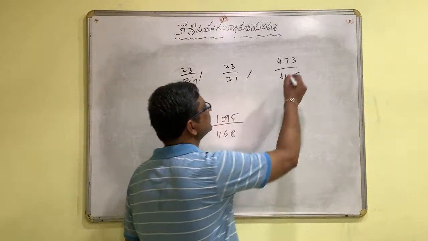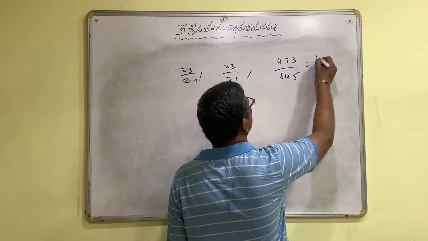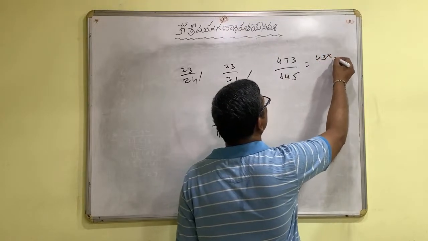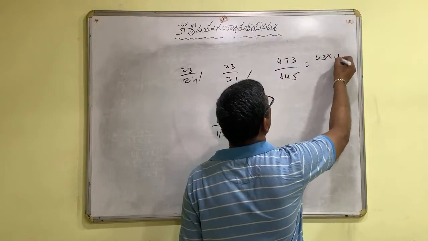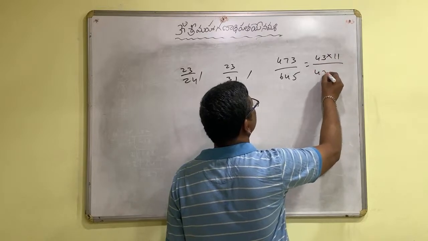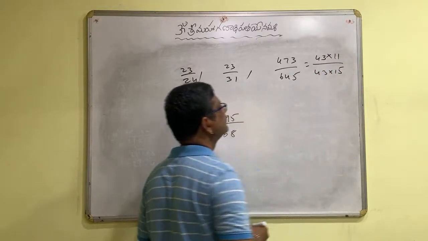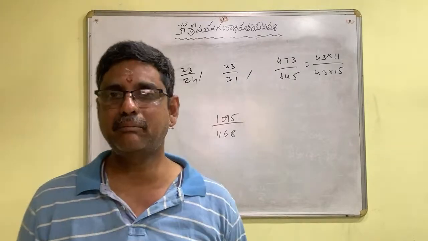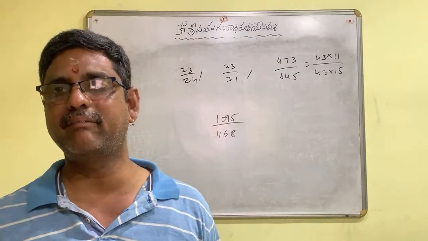I think this is 43 into 11, and this one 43 into 15. Except 15, 43 and 11 are the prime factors.